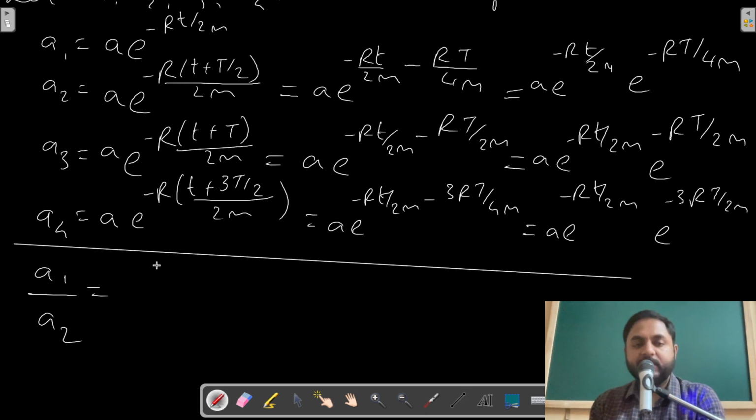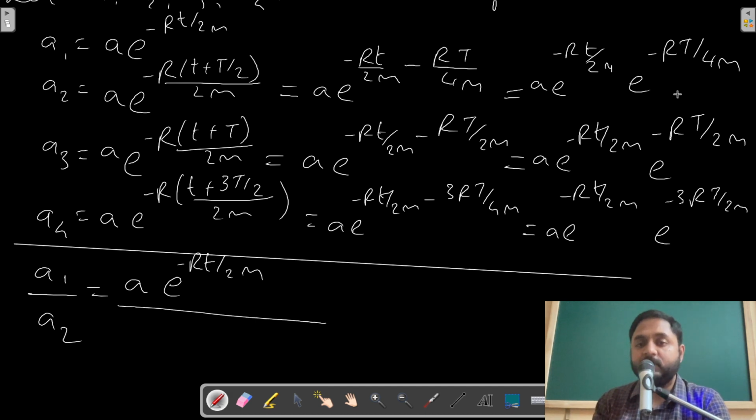A1 upon A2 should be A into e raised to minus r small t divided by 2m, divided by A into e raised to minus rt by 2m multiplied by e raised to minus rT by 4m. This is what I should get.